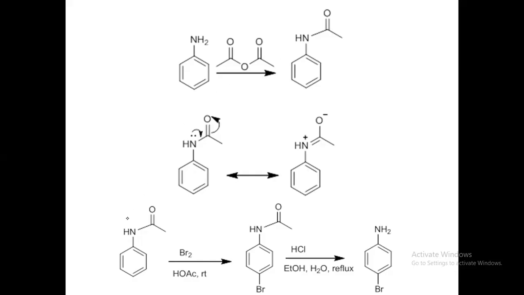After converting it to an amide, we are showing you how the availability of the lone pair is reduced, because the lone pair on the amide nitrogen is used in the resonance stabilization of the amide itself. Because it is used in that stabilization, it is less available to increase the electron density in the ring.